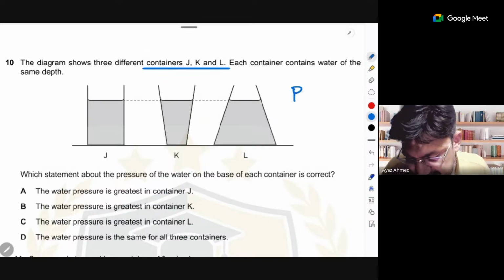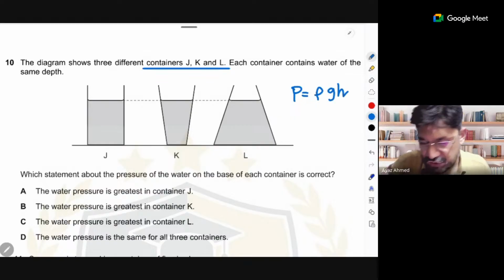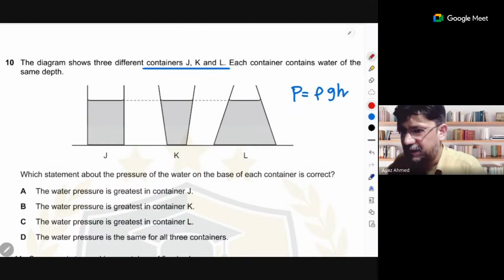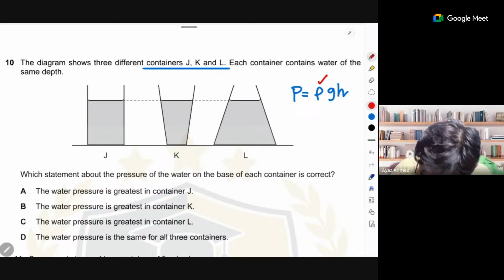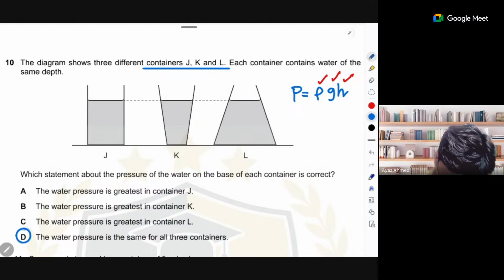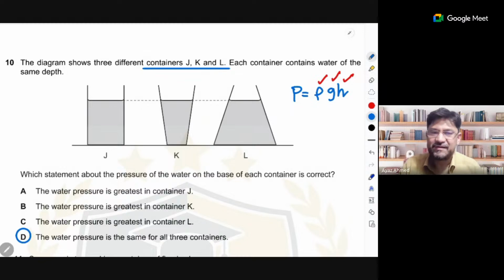Pressure of the liquid is equal to rho g h. So none of the variables is different, right? They have the same density of liquid and the same depth, so they will have the same pressure. You got it? This was basically a trap in this question.